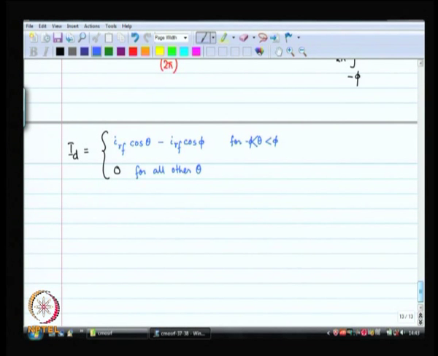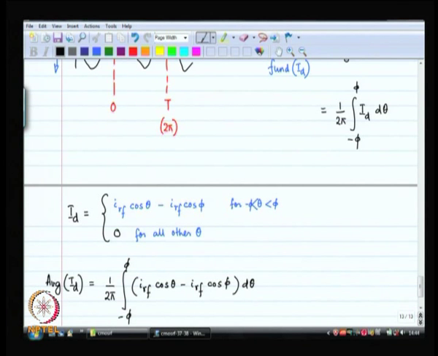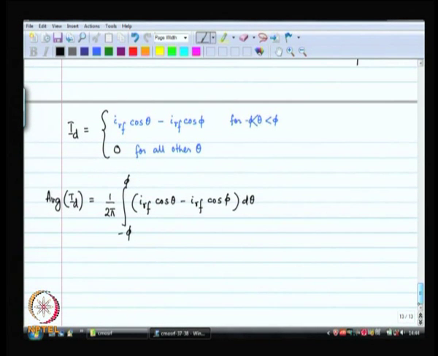So, this is my mathematical expression for I d, which basically means that if I want to integrate I d, if I want to find out the average I d, that is my expression.